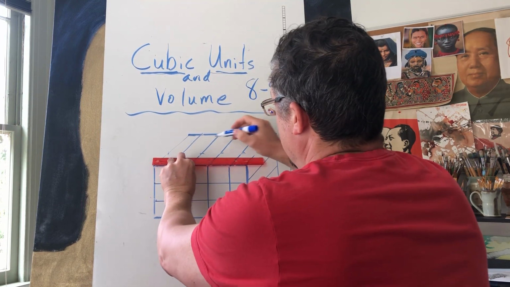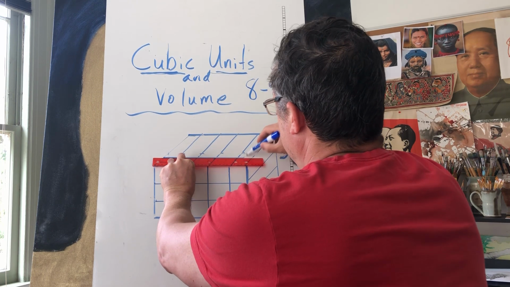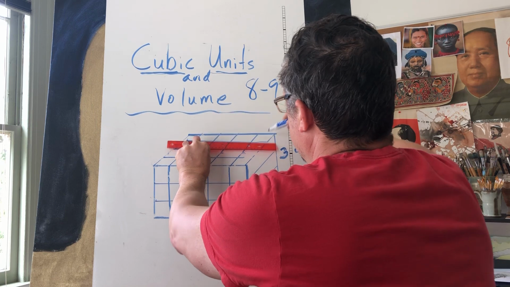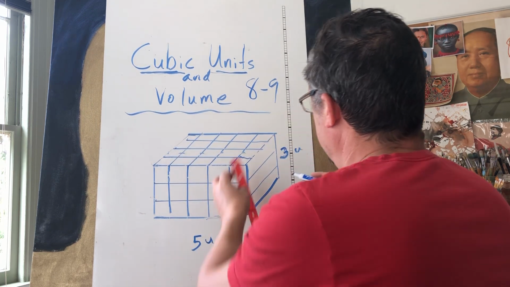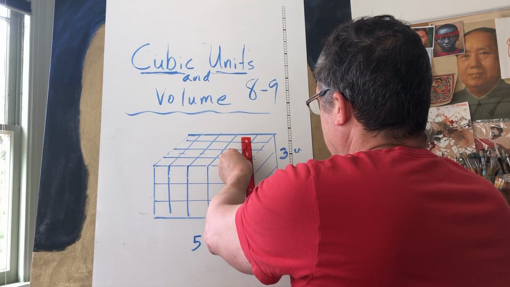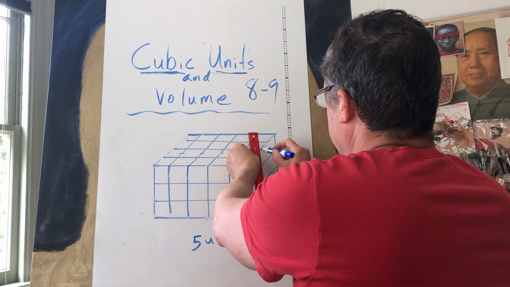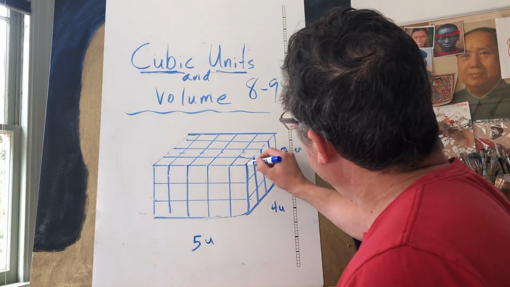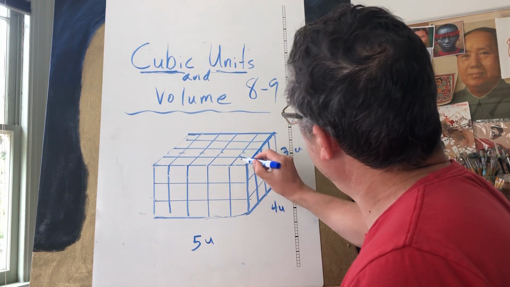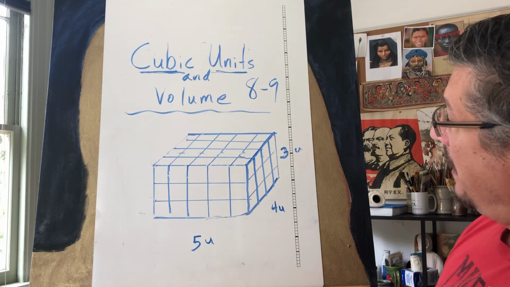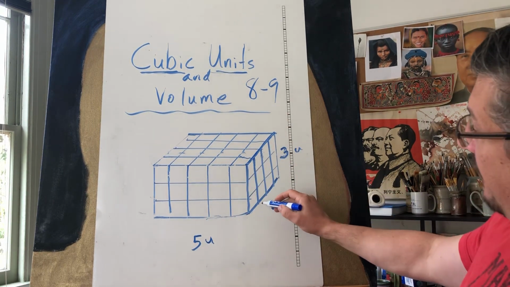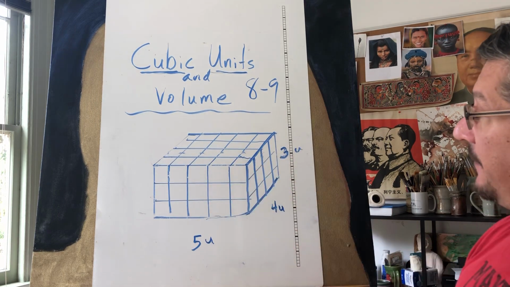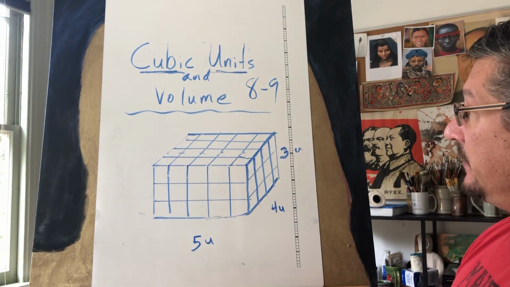Let's go down here to do 4. It's going to be a little tight. Okay, these aren't exact perfect cubes, but I'm kind of freehanding it. It's a little messy, but I think you guys get it. So now I have 4 cuts going that way, 5 cuts going this way, and 3 cuts going this way. Now I can count the cubes.